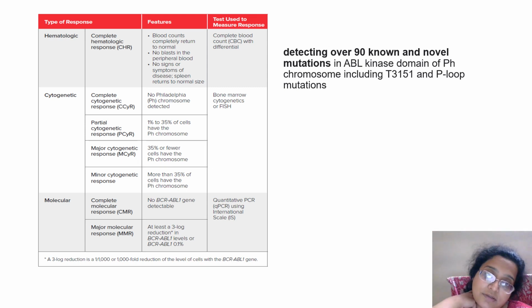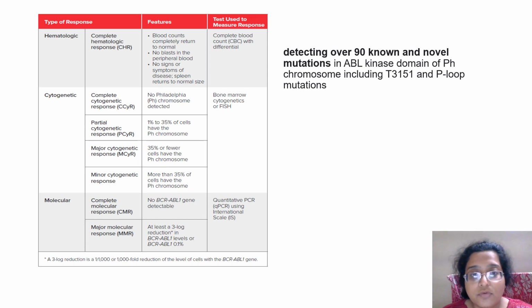Then comes cytogenetic response, which can be complete, that is no Philadelphia chromosome, and by FISH you send the bone marrow for cytogenetics. Partial is 1 to 35% of cells show Philadelphia chromosome mutation. Major is 35% or fewer cells have Philadelphia chromosome, and minor is more than 35%. This is cytogenetics done by FISH, the chromosomal analysis.